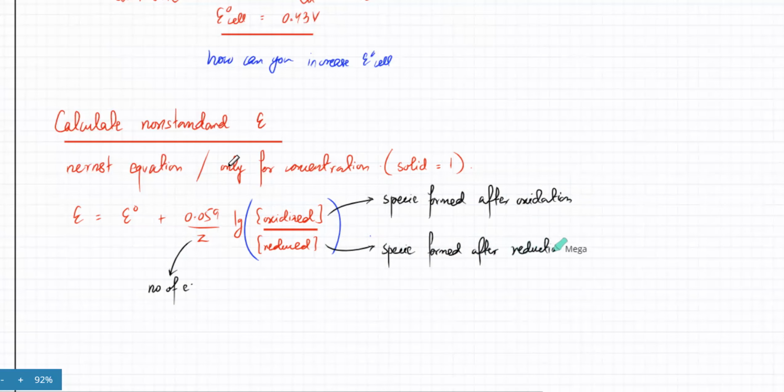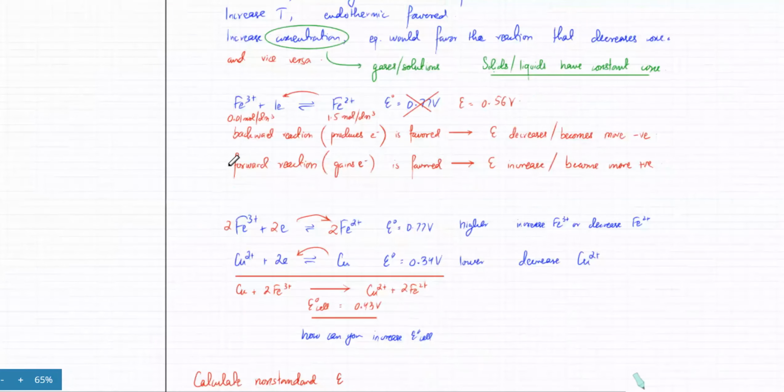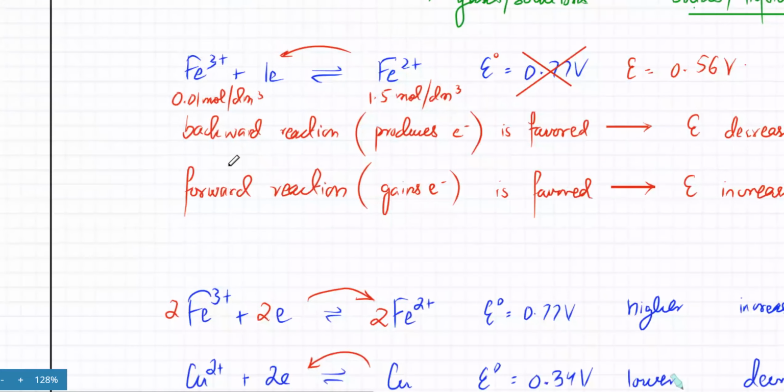So in the conventional way that equations are written, the species that is formed after oxidation, like if you look over here in the iron equation, which one out of the two is the species that is formed after oxidation? The left one or the right one? The left one. It's the Fe2 plus, right?